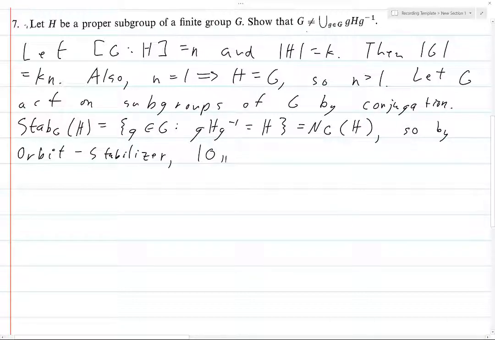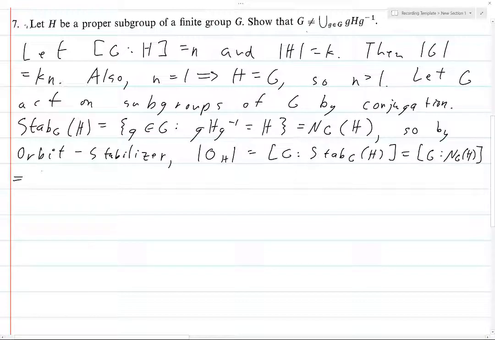Basically, O_H is the orbit of the subgroup H under the action of G on subgroups by conjugation. The theorem tells us that this is equal to the index of the stabilizer, which we know is the index of N_G(H) in G. But what is this?